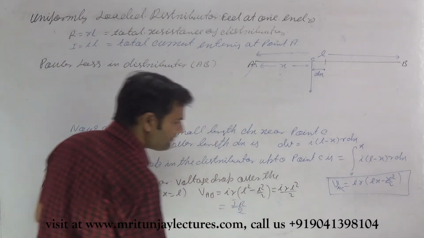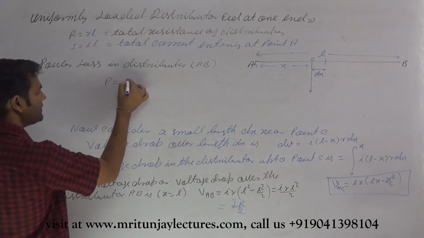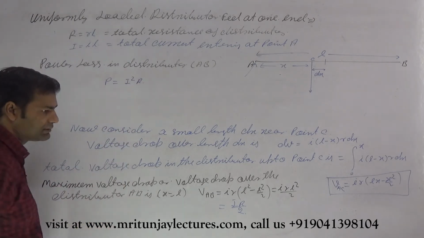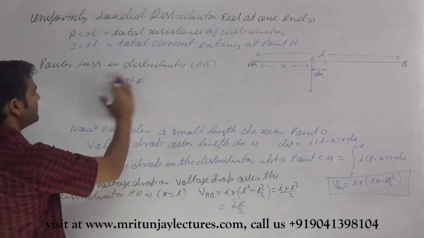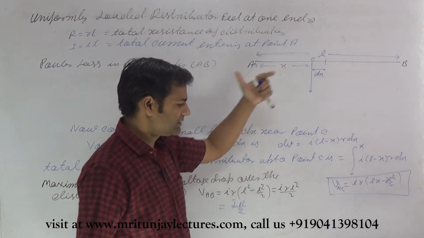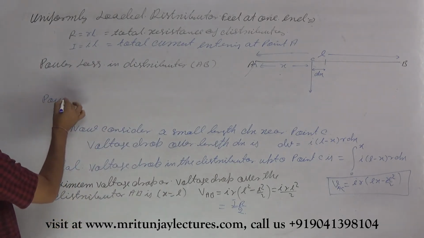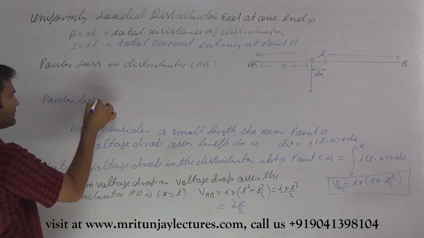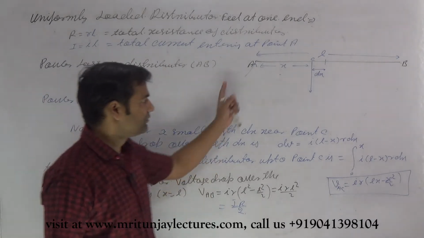I know that power is I square into R, but here we need the power loss corresponding to this portion. First of all, determine power loss in length dx, because this is a uniformly distributed load.